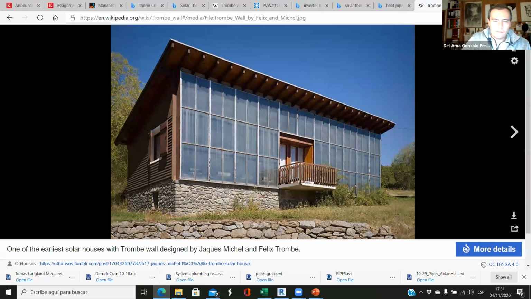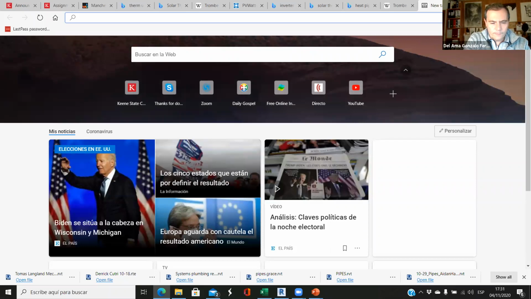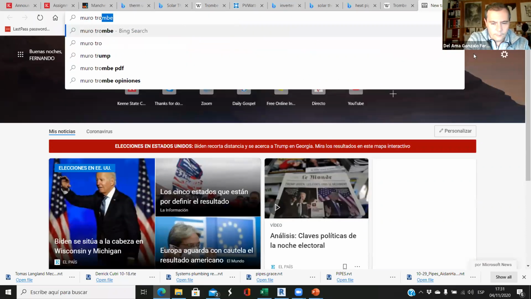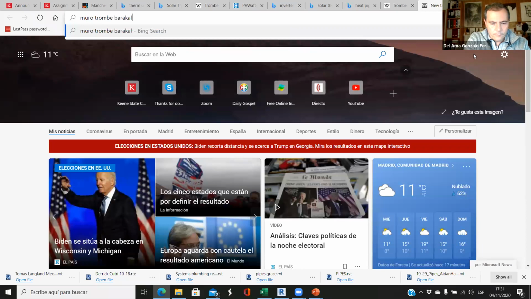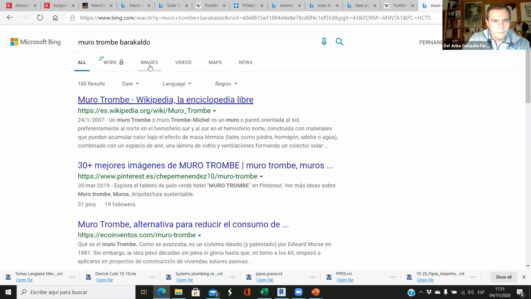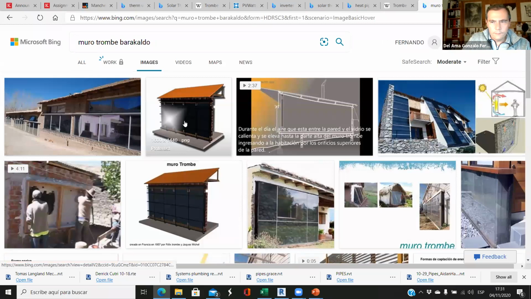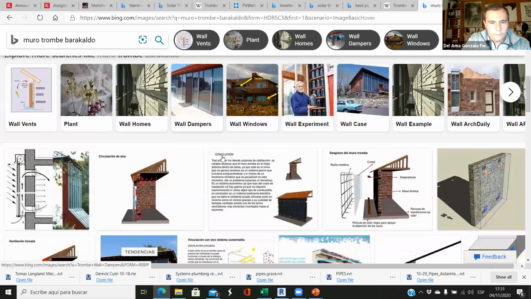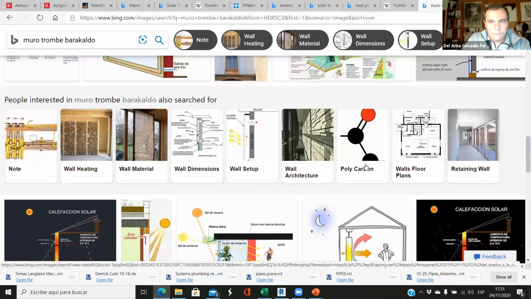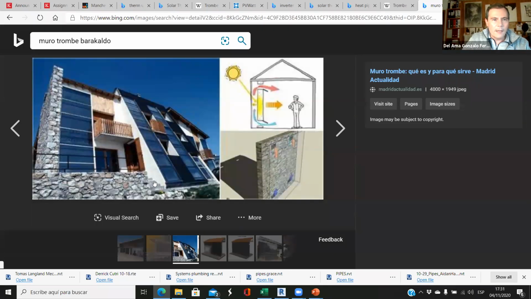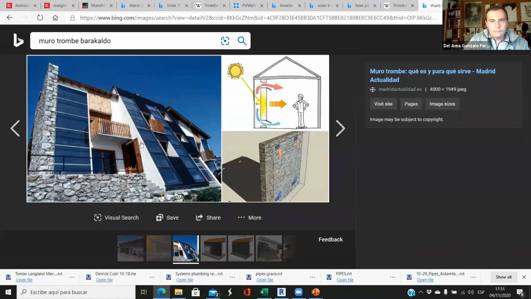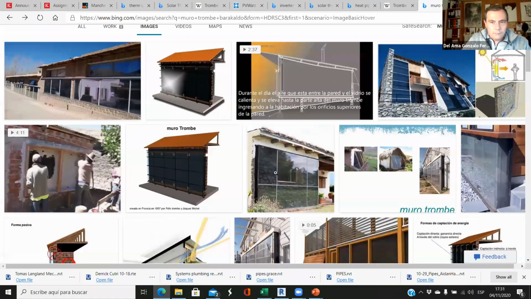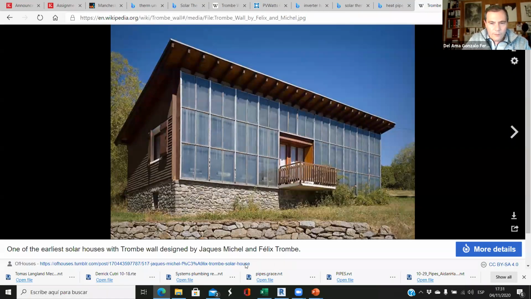I have some friends that built a Trombe wall. I think they were designing that building, and they used these Trombe walls. You can use it, but we have to understand what we are doing.